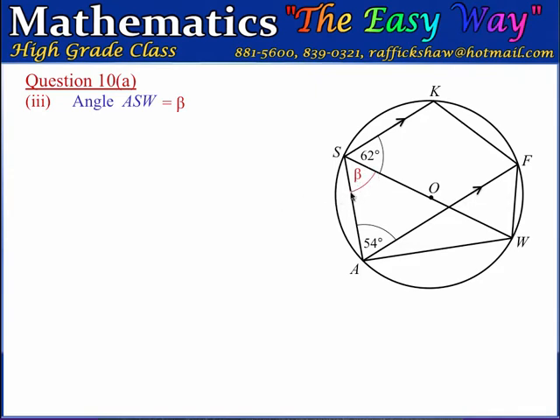Now, beta forms a part of one of the internal angles between these two parallel sides. These two lines are parallel, and this angle and this angle are referred to as the internal angles between the parallel sides.